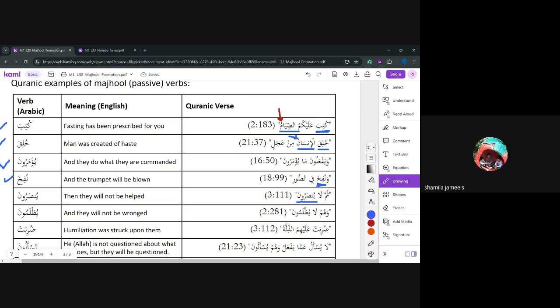Here it's saru; saru means u'alu. The rest is extension: prefix, suffix. Nasara, yansuru. Nasara, Madi Ma'ruf, Mudari Ma'ruf is yansuru, and then Madi Majhool is Nusira. Mudari Majhool is yunsaru.